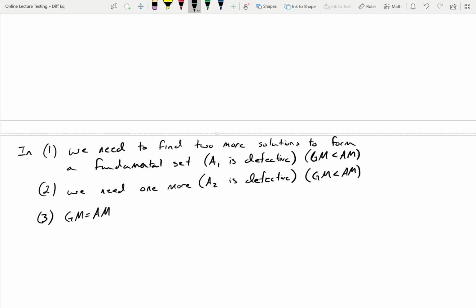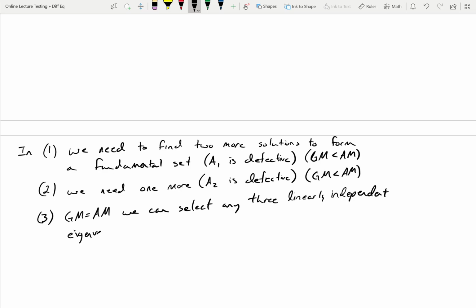So here, since the GM is equal to the AM, we can select any, and here I have to be careful, any 3 linearly independent eigenvectors, and we're going to call them U, V, and W. This comes from theorem 4.6.